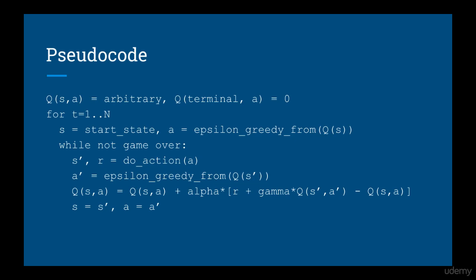We do the action A to get to the next state S prime and the reward R. We then choose the next action based on epsilon greedy and the current Q. We call this A prime. Next, we do our update for Q of S and A, which depends on Q of S and A, R, and Q of S prime, A prime. Lastly, we update S to be S prime, and we update A to be A prime.